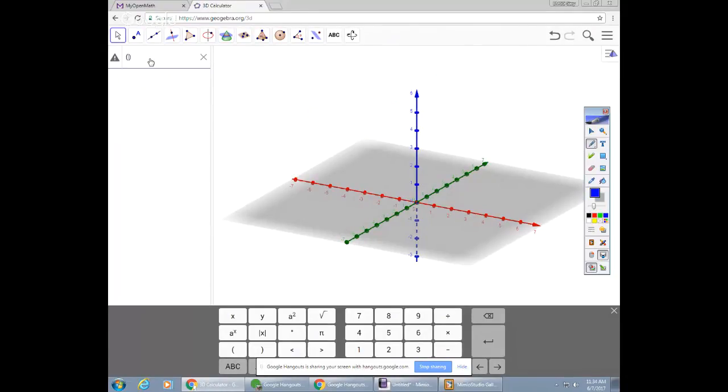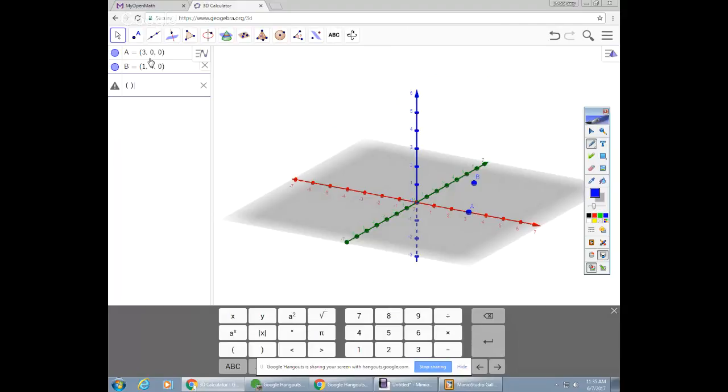So let's see. Let's pick some relatively simple points. So how about, oop, I already have those. 3 for X, 0 for Y, 0 for Z. That'll make things rather simple. And then let's go with, how about 1 for Y, 4 for X, and 0 for Z. And one more point.